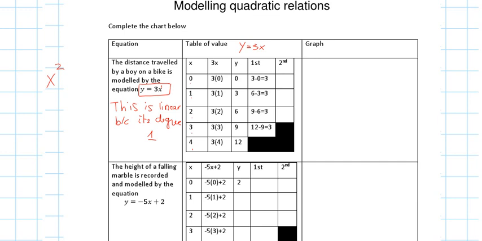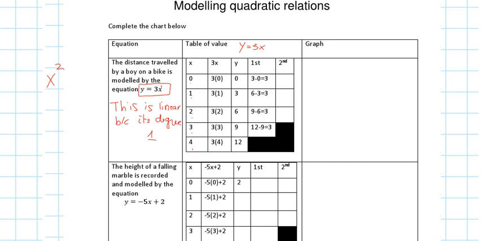In order to find your y values, you're just going to replace the x with the x value. For the first one, I'm doing 3 times 0, because x is 0. Do you understand that part? So 3 times 0 gives me 0. For the second one, I replace x with 1, so that's 3 times 1, which is 3.